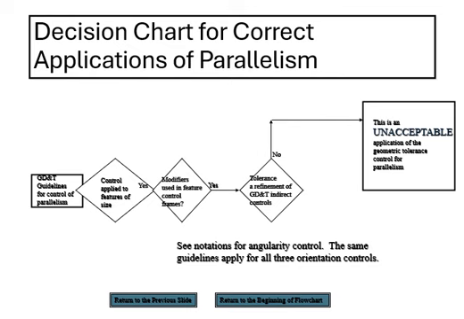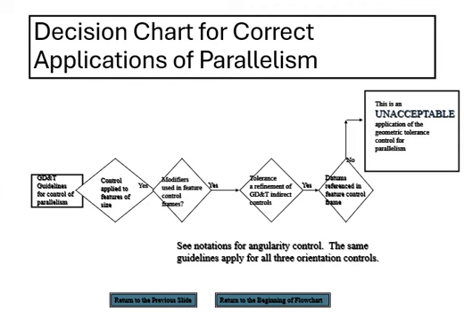All right, now we look at feature size or feature. You look at the modifier and you look at the tolerance. You don't have the tolerance, so that's not acceptable to control the parallelism, yeah? You look at the modifier, you look at the tolerance, you have a tolerance, you look for a datum, and you don't have the datum, so therefore it is not acceptable.